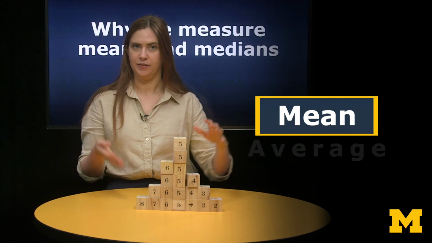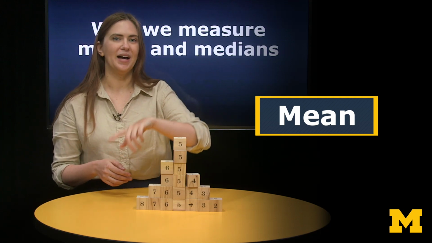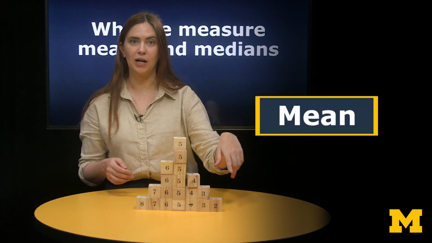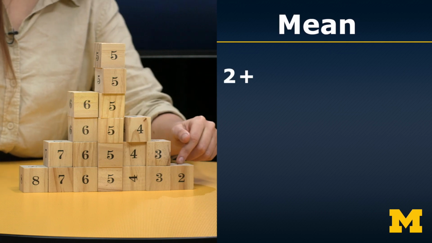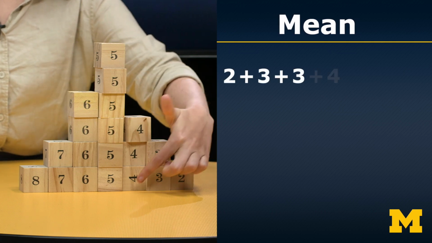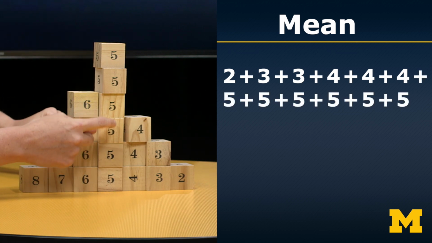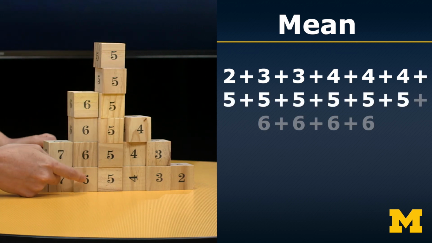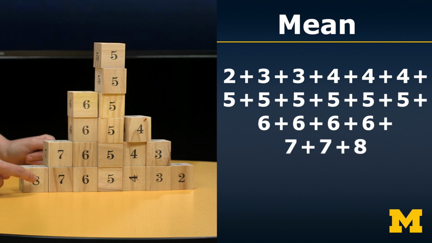And one way to think about the mean or the average is that it's the result of a calculation. We're going to add up all of the numbers on these blocks, and then we divide it by the number of blocks that we have. So that's going to be 2 plus 3 plus 3 plus 4 plus 4 plus 4 plus 5 plus 5 plus 5 plus 5 plus 5 plus 5 plus 6 plus 6 plus 6 plus 6 plus 7 plus 7 plus 8.